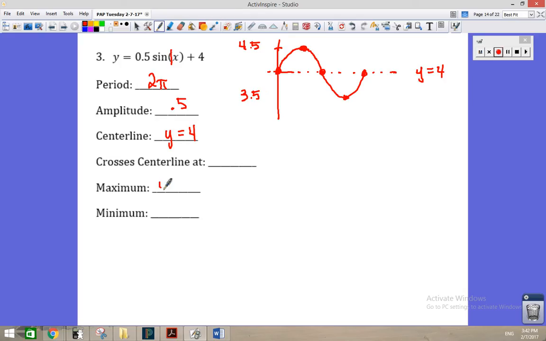So the maximum is y equals 4.5, and the minimum is y equals 3.5. Sine crosses its center line. Since there's been no horizontal stretches or shrinks, it's crossing the center line at 0, and any coterminal angle to 0, and also at pi and any coterminal angle to pi.